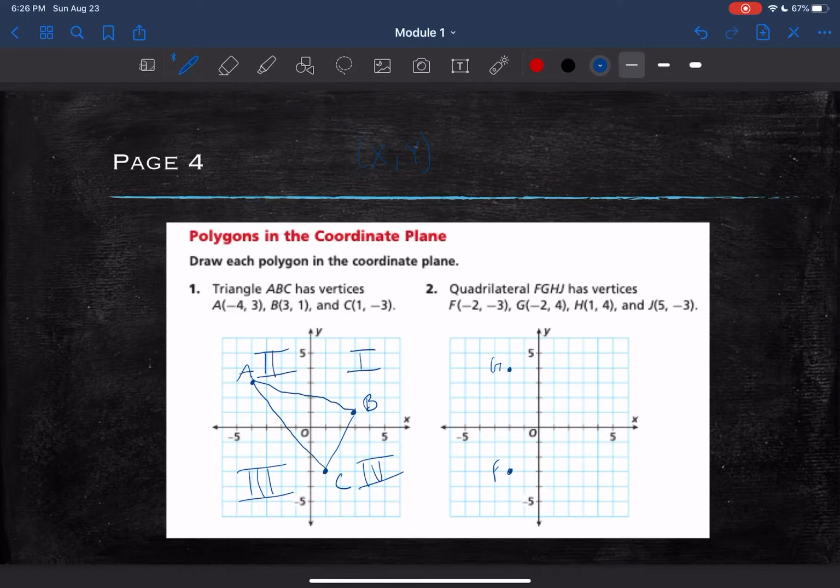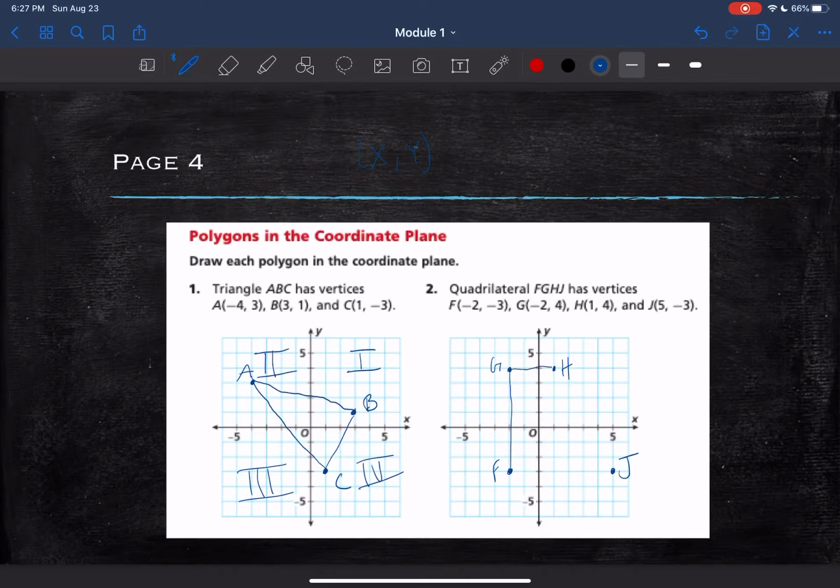H is 1, 4, so that's going to be to the right 1, up 4. And that puts us right here. That's H. And then J is 5, -3. So that's going to be to the right 5, down 1, 2, 3. And that is J.